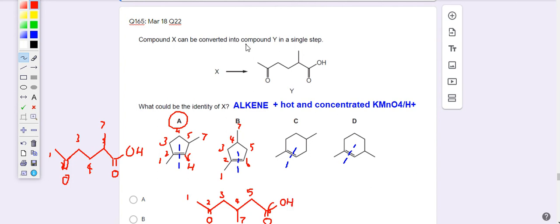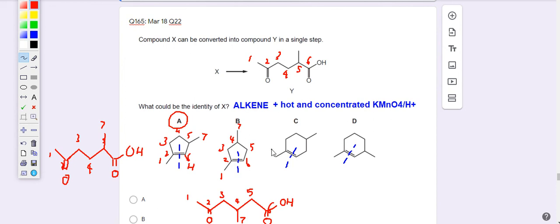Now look at Y. If I number the carbons, the methyl group should be bonded to carbon number 5 in Y, but here the CH3 is bonded to carbon number 4. So B is not Y.